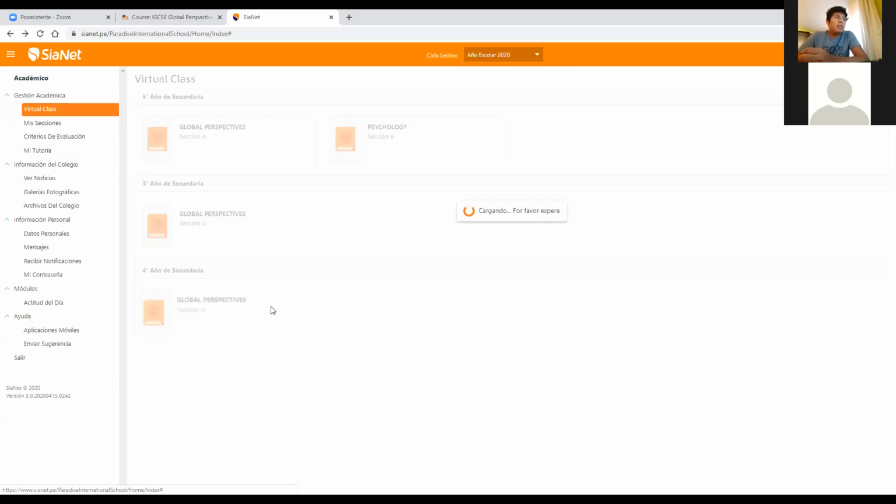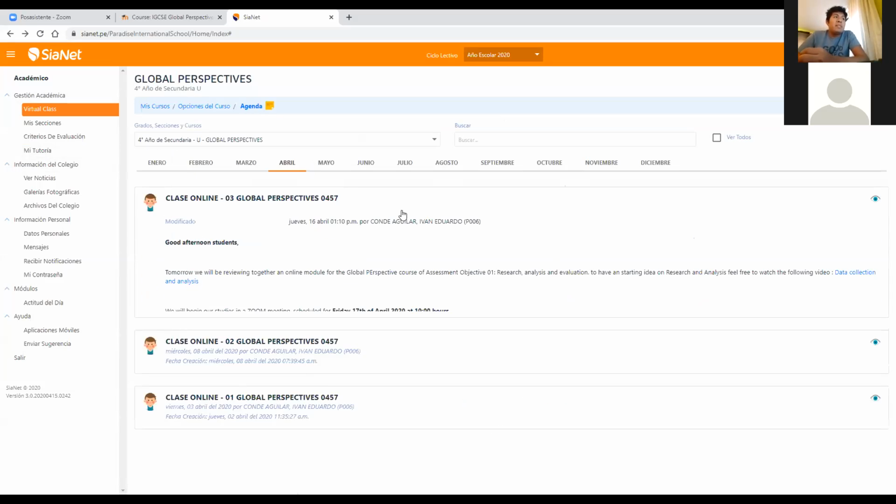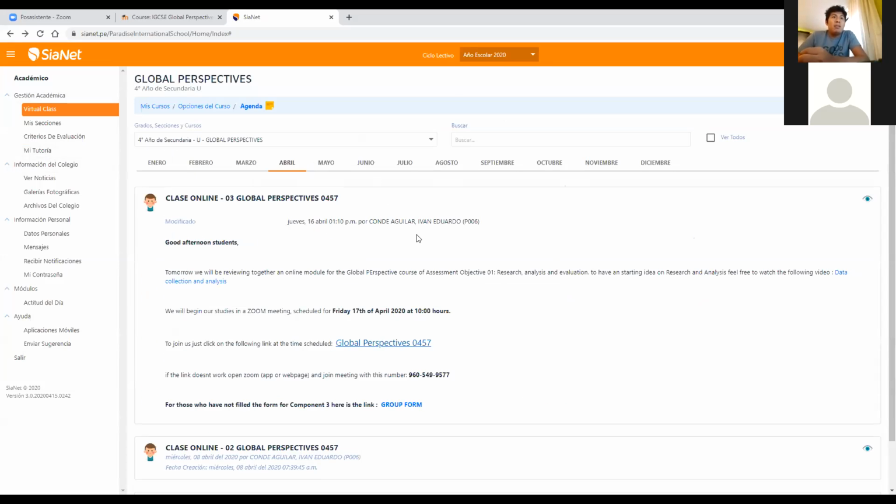And in the calendar, you may see the activity for today in the agenda. In the message of the class for today, you have to read it thoroughly, and it says, tomorrow means today, we will be reviewing together an online module for Global Perspectives course of Assessment Objective 1 Research, which is what we are doing right now.